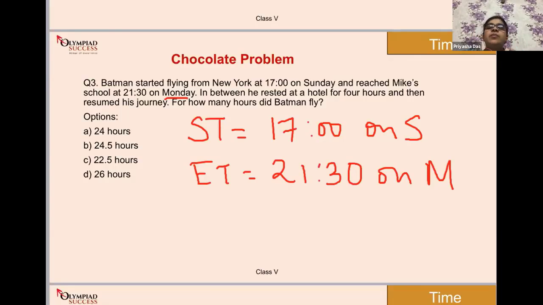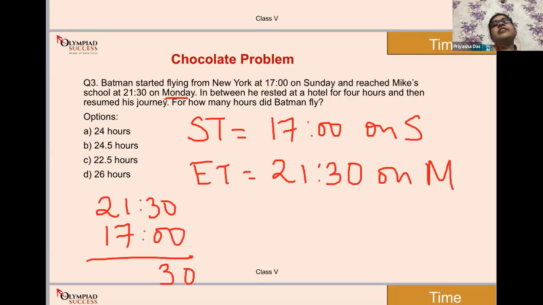Now tell me, if you subtract 17 from 21:30, how much are you getting? Are we getting 4 hours 30 minutes? Are you all also getting the same answer, kids? Just tell me yes or no. Yes, yes. Now Praveen has added it up.